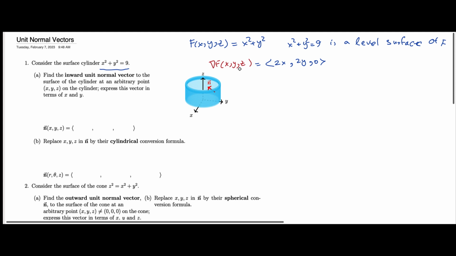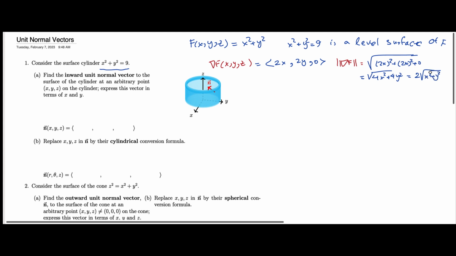Now, I need to do the magnitude of the gradient. And that is going to be the square root of the first component to power 2 plus the second component to power 2 plus the third component to power 2, which is 0. Here is going to be 4x squared plus 4y squared, square root of that, 4 factors out, and out of the square root, it becomes 2.